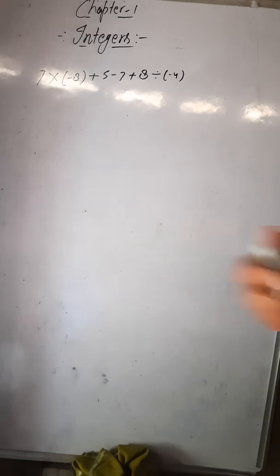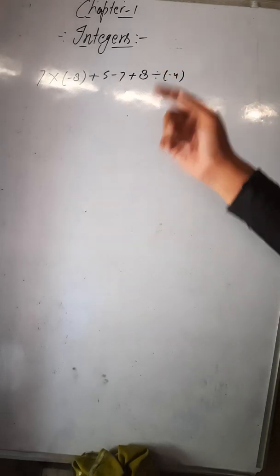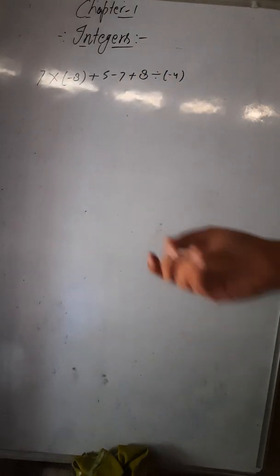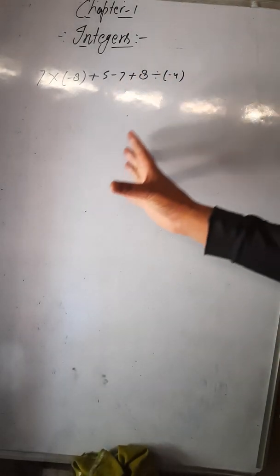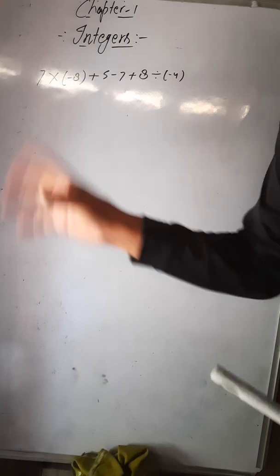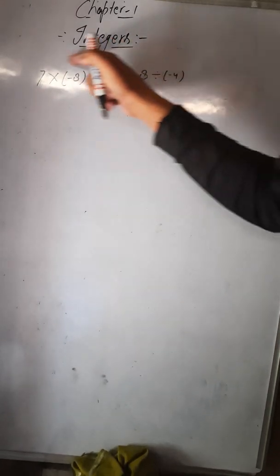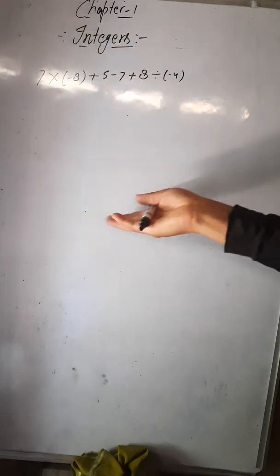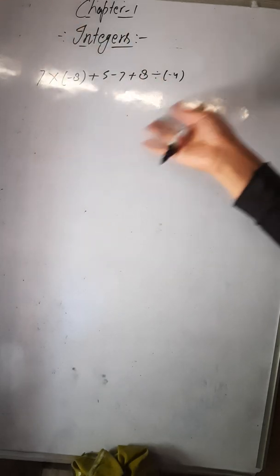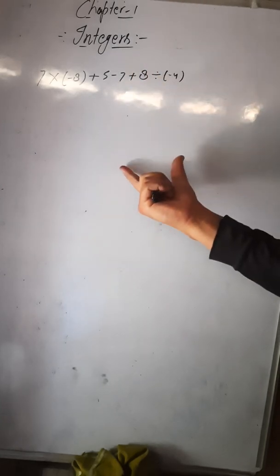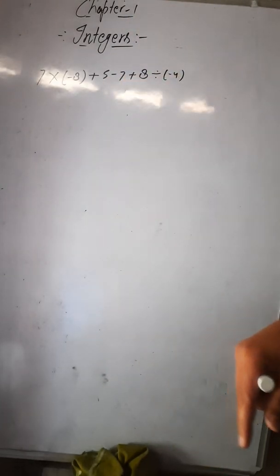Here you can see everything: division, multiplication, addition and subtraction. So how will you solve these sorts of questions? When symbols of division, multiplication, addition and subtraction all come under one question, there is a formula for doing such questions.